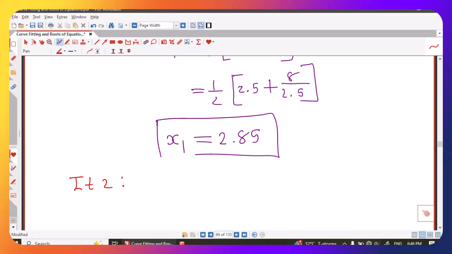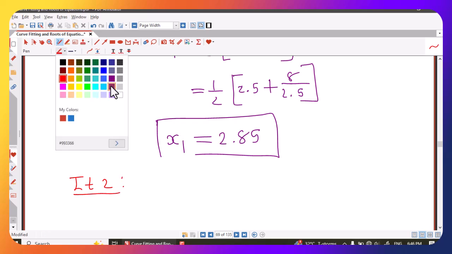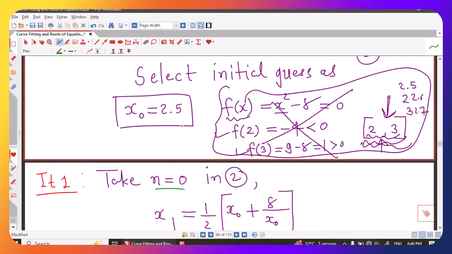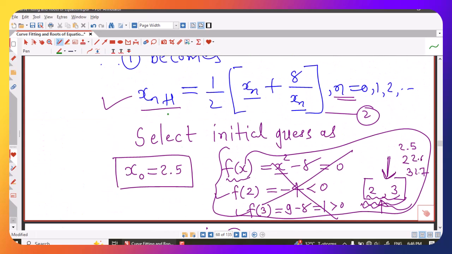and it gives us the first approximation to the root. Now for second iteration we will consider n equal to 1. Here we will put n equal to 1, and we will have x2 equal to 1 by 2 x1 plus 8 by x1.